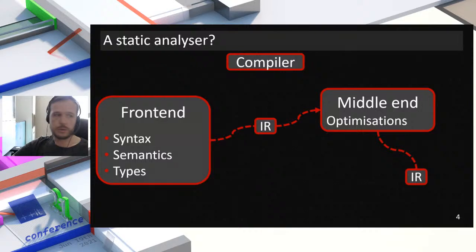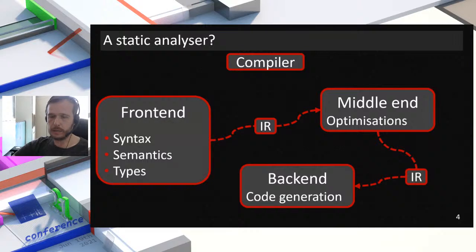And then it goes with the IR again, which finally gets into the backend. There the compiler performs platform-specific optimizations, and it produces your assembly code, basically, which is then assembled, and you get your executable or library or whatever you're compiling.